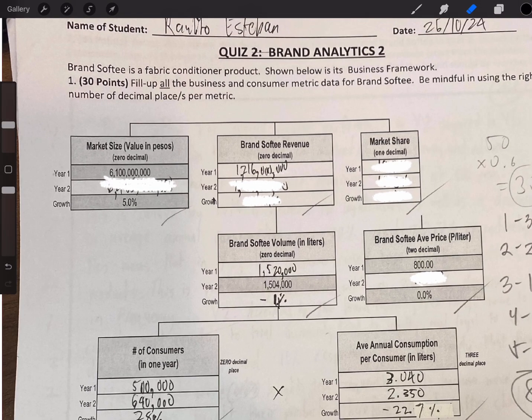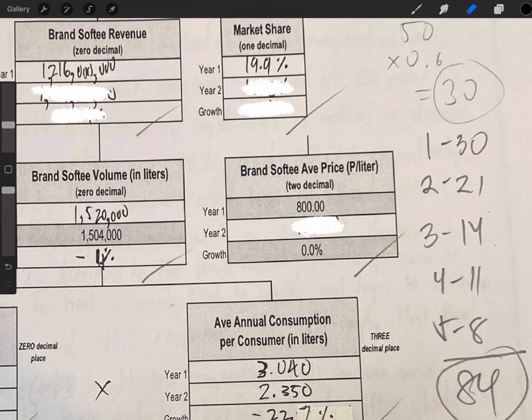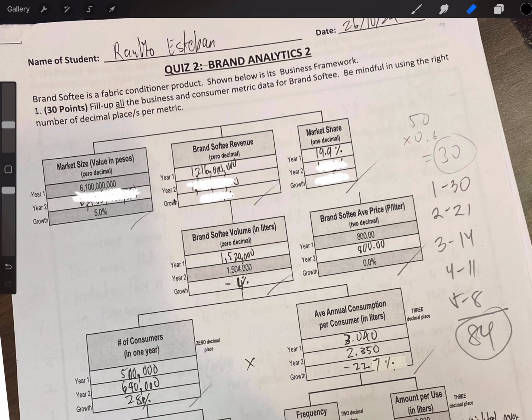This over the market size value is equal to our share. Because it says here 0% growth on the price, that stays the same. Then we apply price times volume is equal to revenue, and put the growth percentage there since we solved it.